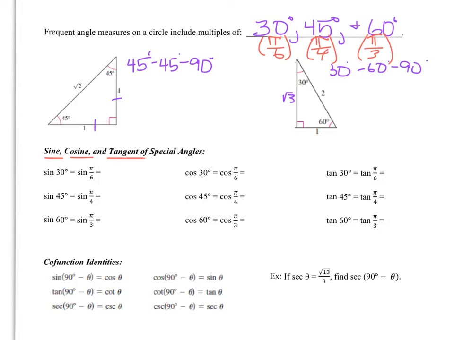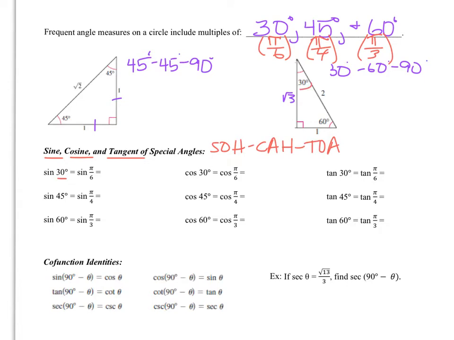Because it's just sine, cosine, and tangent, we're going to think SOHCAHTOA. Remember that little mnemonic device that helps us remember the definition for each trig function. Sine of 30 degrees: 30 degrees is our reference angle, our theta value.